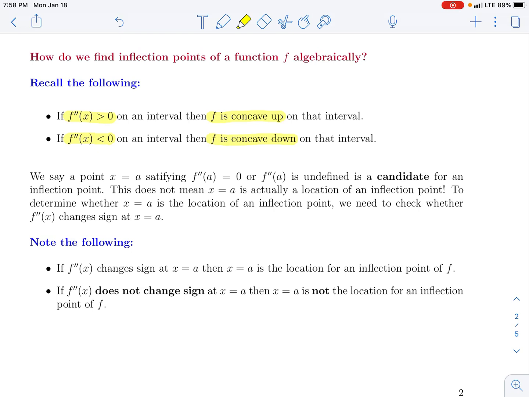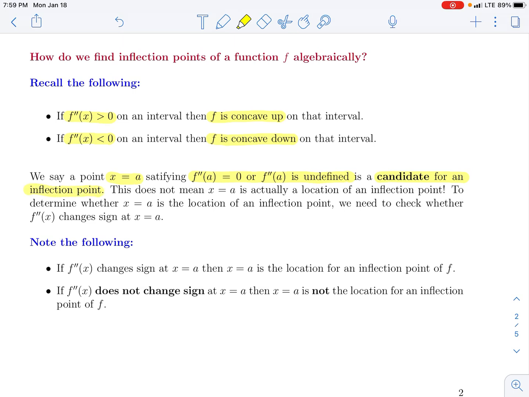We're going to use those two statements, because remember, an inflection point is a point on the graph where we change concavity. So we're going to use the fact that we know things about the concavity of our original function f based off of our second derivative. For a point x equals a, where plugging that point into the second derivative gives 0, or where the second derivative is undefined, we're going to say that it's a candidate for an inflection point.